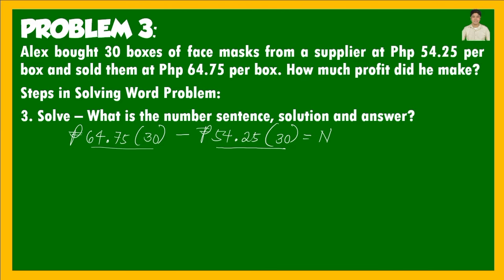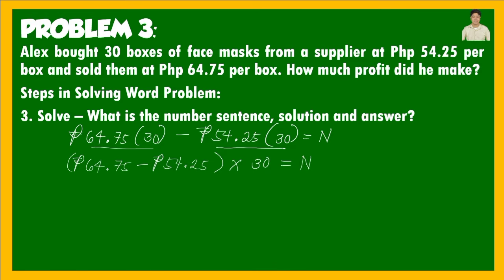So, we can also write the number sentence like this: 64 pesos and 75 cents minus 54 pesos and 25 cents, times 30 equals N. So, either way, we will get the answer.